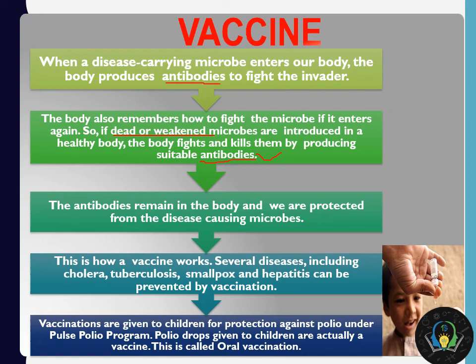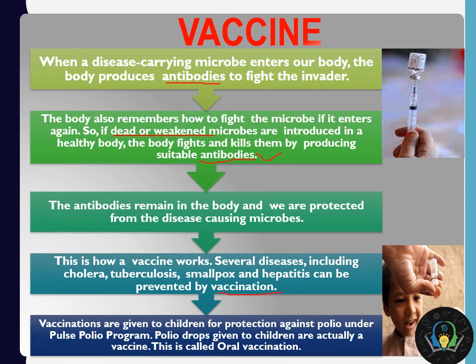Several diseases including cholera, tuberculosis, smallpox and hepatitis can be prevented by the process of vaccination. Vaccinations are given to children for protection against polio under the Pulse Polio program. Polio drops given to children are actually a vaccine.